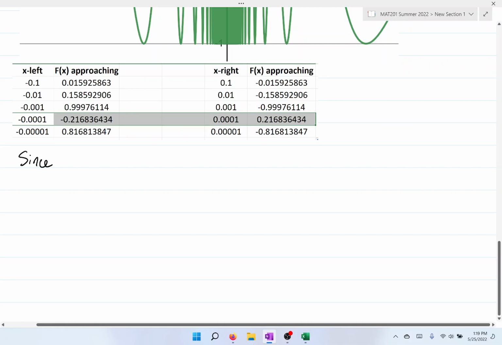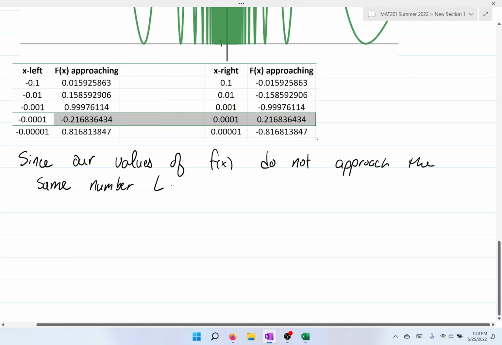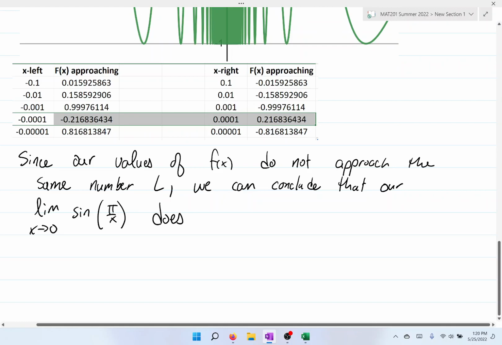Since our values of f of x do not approach the same number, and we'll call that number L, we can conclude that our limit as x approaches 0 of sine of pi over x does not exist.